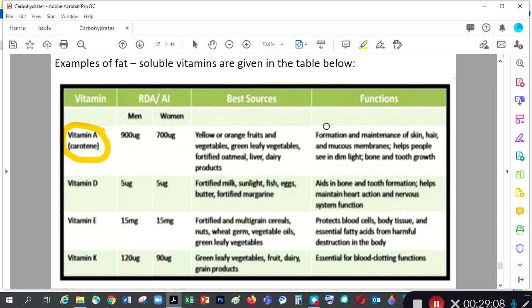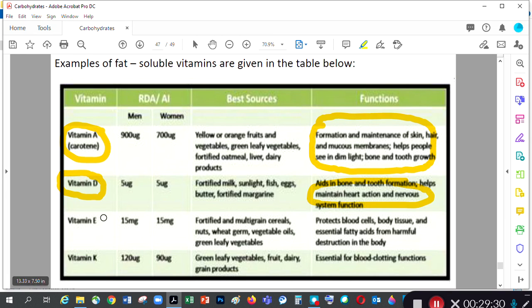And here just the functions: vitamin A, we said, maintains skin and hair, helps people see very well, good for the eyes, and teeth growth. Vitamin D, as I said, is for the bones. Vitamin E protects the blood cell from clotting. And K causes blood clotting as well.